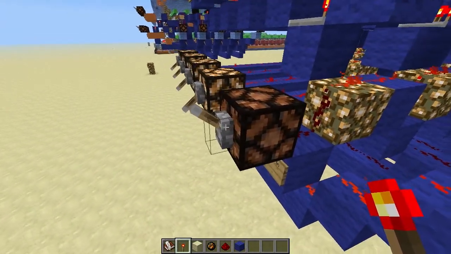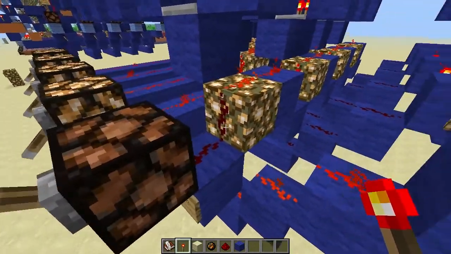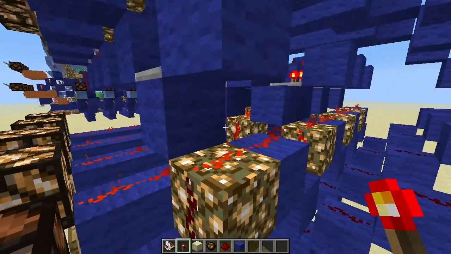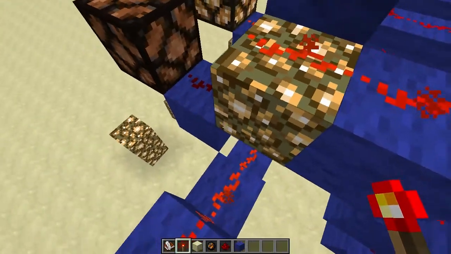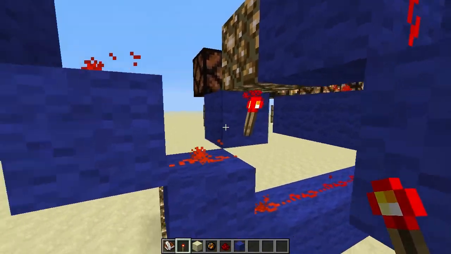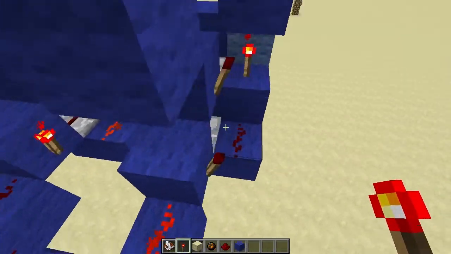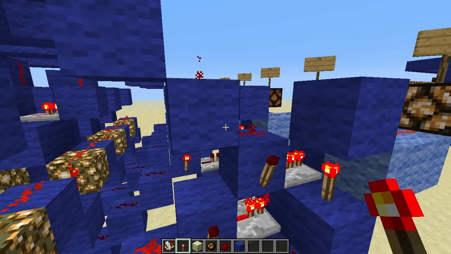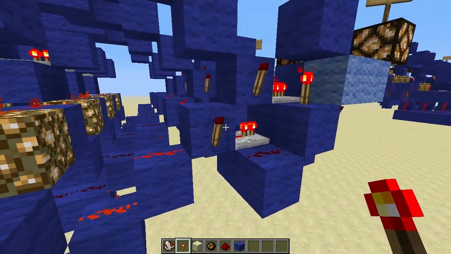So when we turn the carry off on this side, it did depower this block, and there's a torch underneath. So this torch powered the lower output wire, and the lower output wire is feeding into XNOR gate.